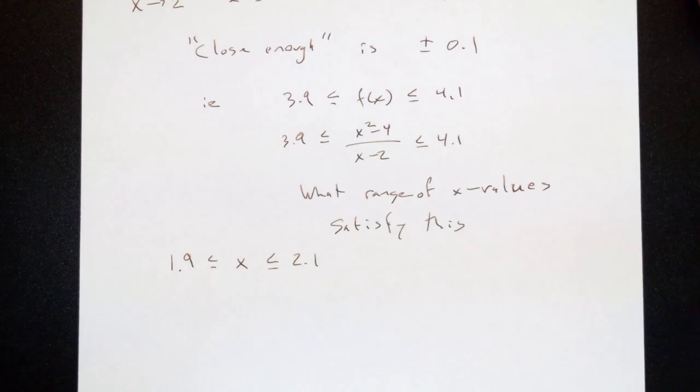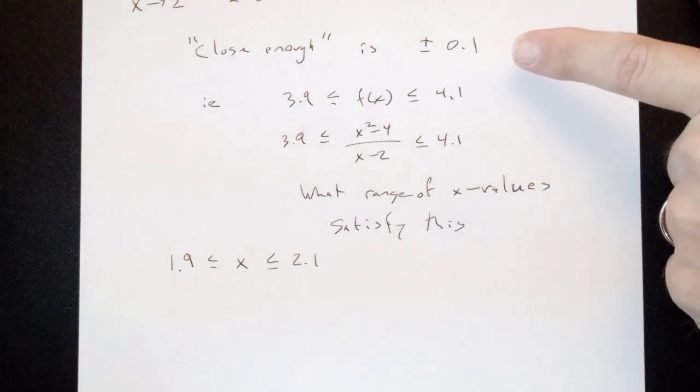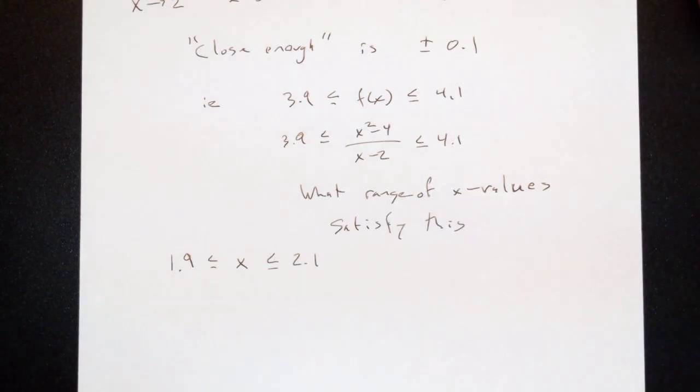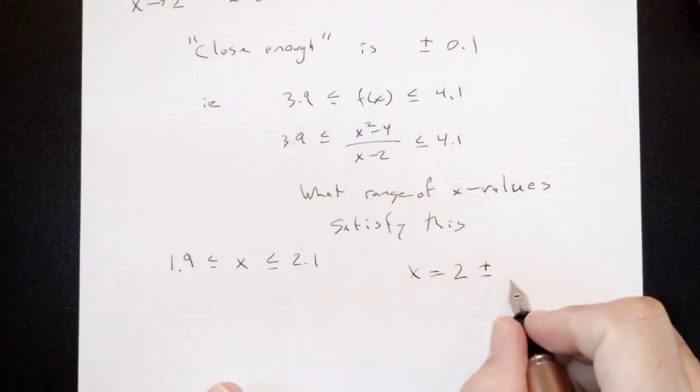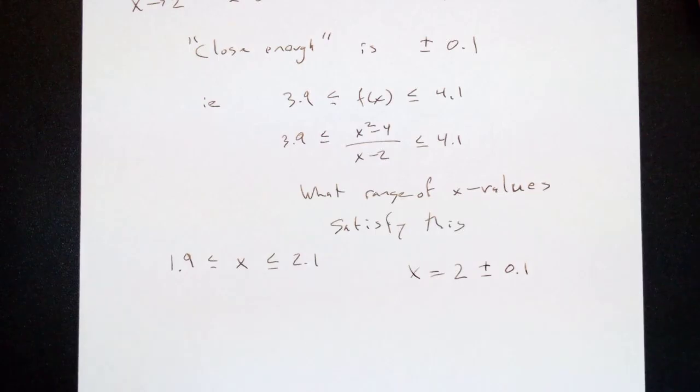I claim, no matter what number you give me for this tolerance, there will be another corresponding number that I can come up with to tell you how close you need to be to A. And I can actually think of writing this as x is 2, give or take 0.1.